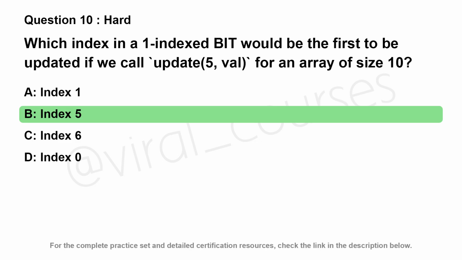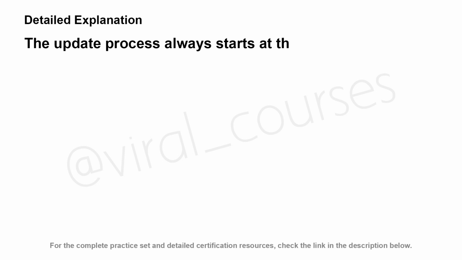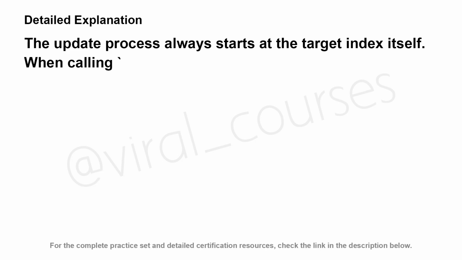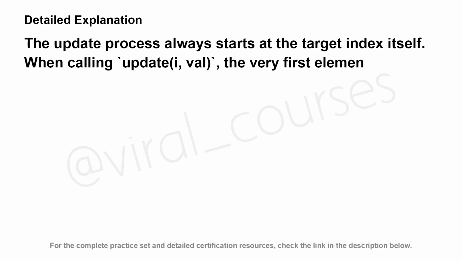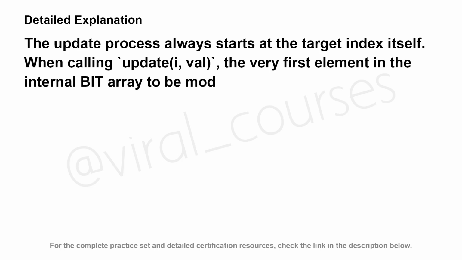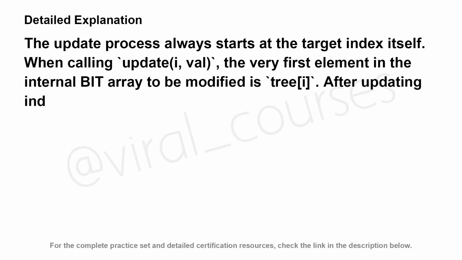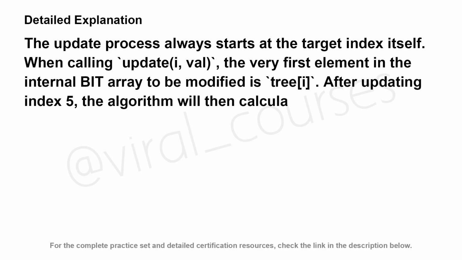The correct answer is B. The update process always starts at the target index itself. When calling update(5, val), the very first element in the internal BIT array to be modified is tree[5]. After updating index 5, the algorithm will then calculate the next index using i += i & -i.